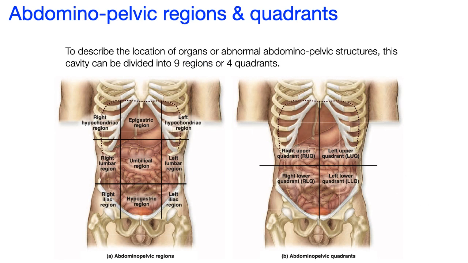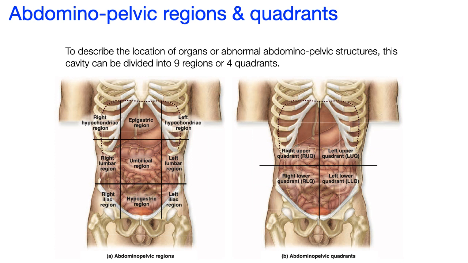For better communication among professionals, the abdominopelvic region can be divided using two references. The one on the right, as you see, divides the area into single quadrants.